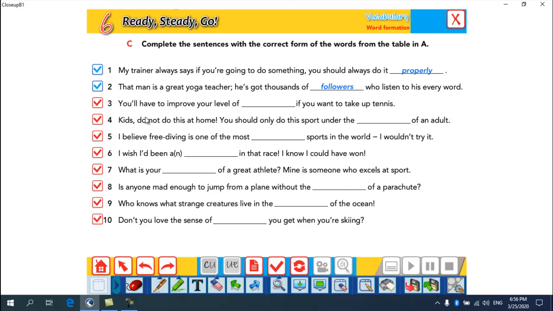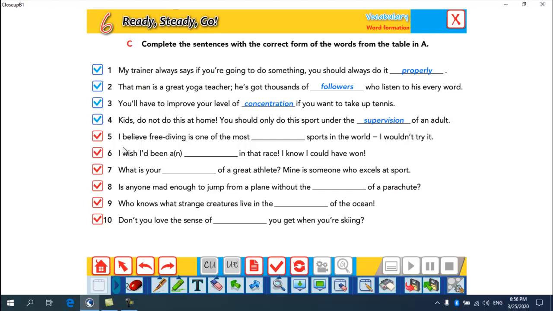Number three, you'll have to improve your level of concentration if you want to take up tennis. Your level of what? Yes, let's have a look. Concentration. Four, kids do not do this at home. You should only do this sport under the supervision of an adult. Under the what of an adult? Yeah, right, supervision.